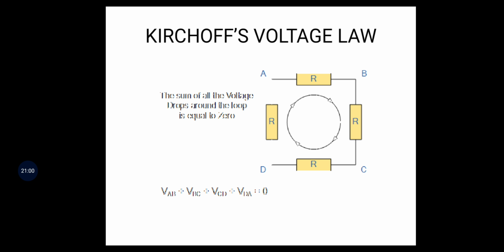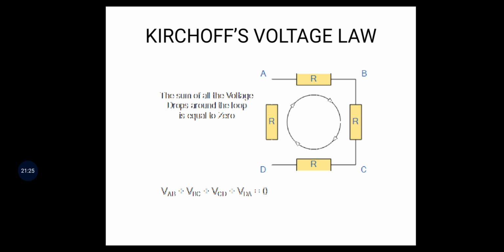If we take anti-clockwise direction, all the voltages in the loop are taken anti-clockwise only. So that is your choice. But the sum of the voltages VAB plus VBC plus VCD plus VDA equals 0. Here the sign for entering current in the resistor we take as entering current.